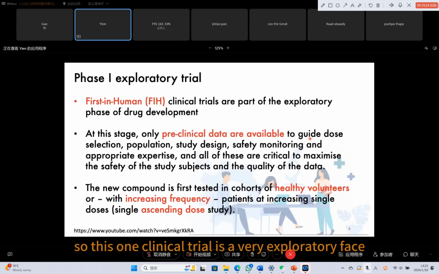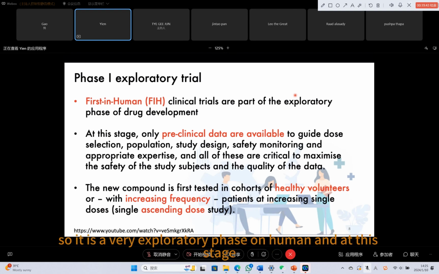Phase 1 clinical trial is a very exploratory phase as this is the first-in-human clinical trial, because this drug was previously only used on cells and animals but has not been used on humans before. So it is a very exploratory phase on humans.